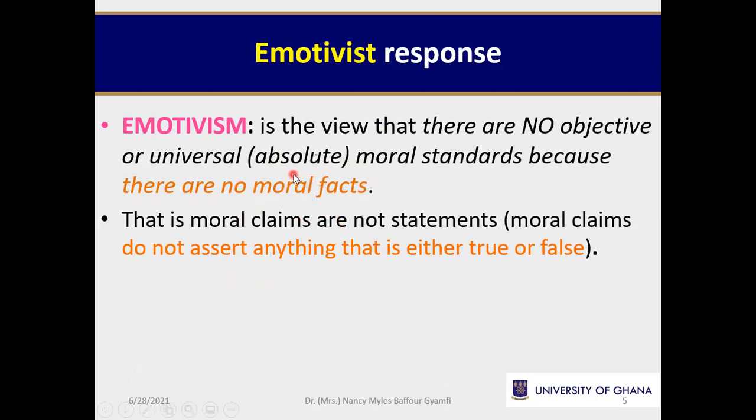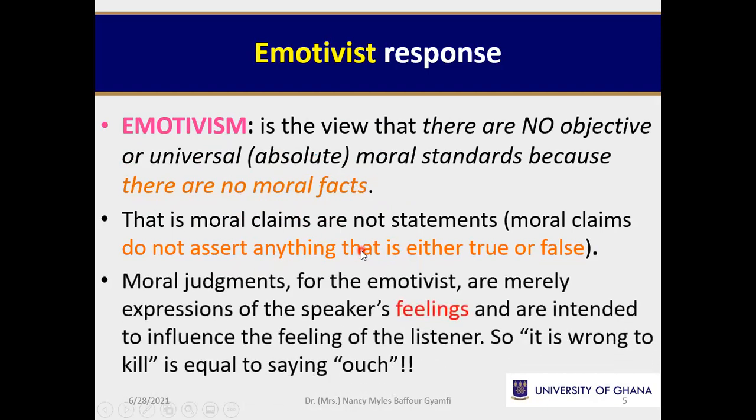When it comes to morality, there isn't any statement being made. When I say it is wrong to talk back at your supervisor, the emotivist says you just expressed your emotion. It's just your feeling you express, not your viewpoint, just a feeling. It's just like saying, ouch. That's how it should take you when you make moral claims, claims of right, wrong, good, bad.